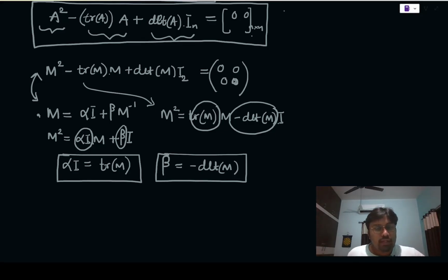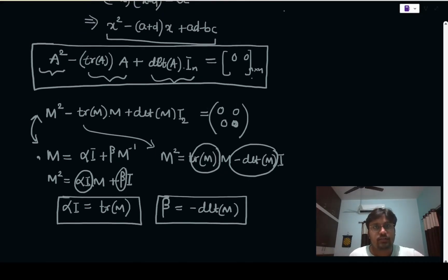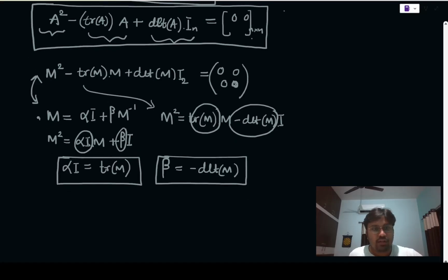So remember that if you are saying that trace of a matrix is something here which is being multiplied, everything is in a matrix form itself. So here, effectively, if you multiply this with identity matrix inverse on both sides, it will cancel out. So it's same as saying alpha is same as trace of M.